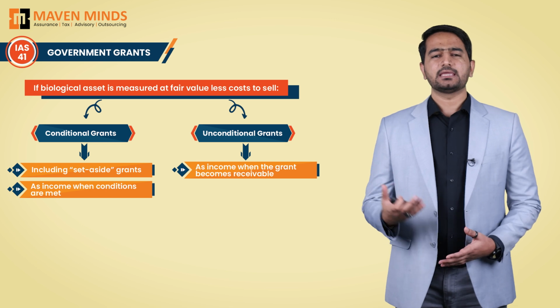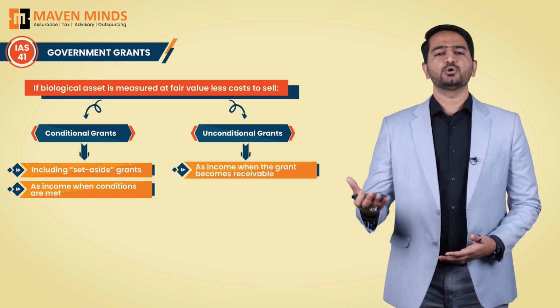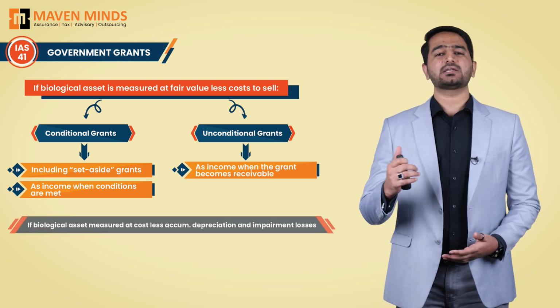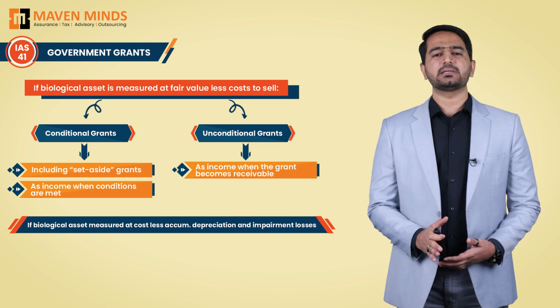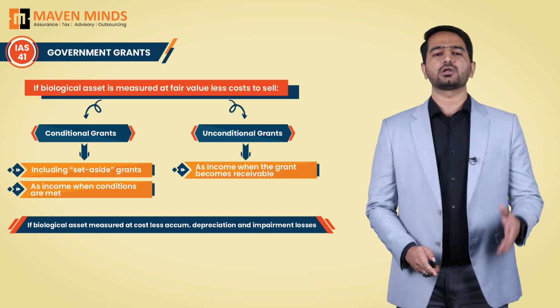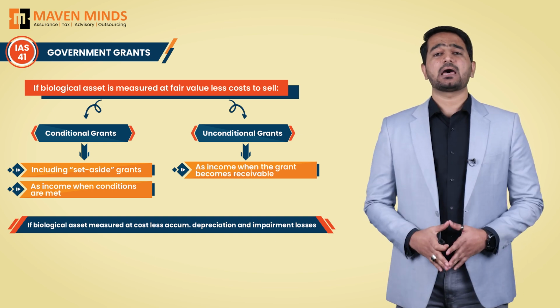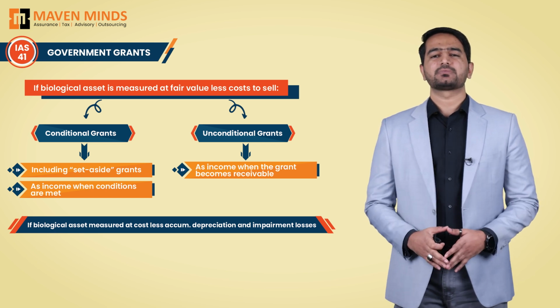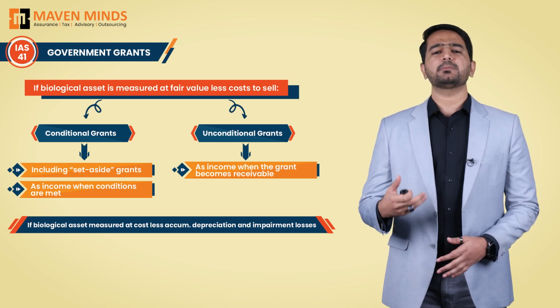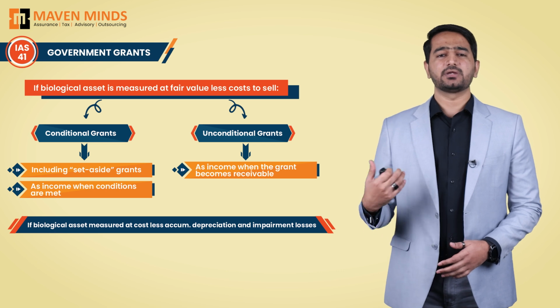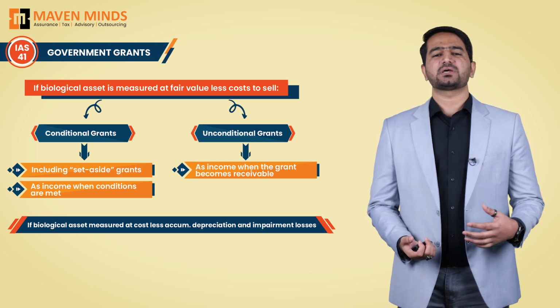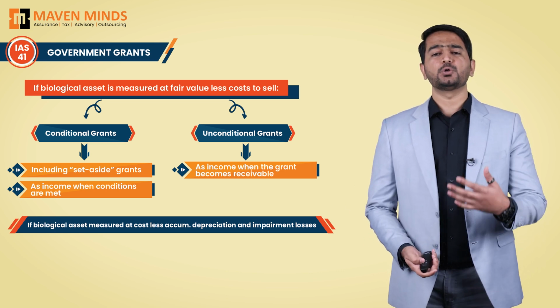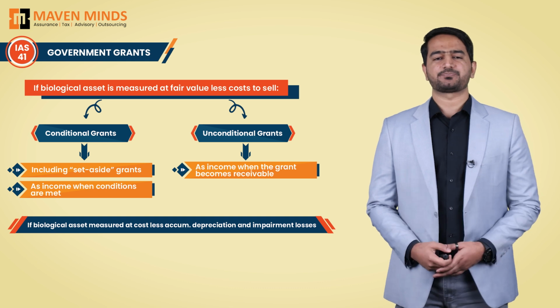But what if, in some rare cases, you measure biological assets at cost less accumulated depreciation and impairment losses? This might happen when it is impossible to determine the fair value, especially for non-current biological assets like rare plants or specialized livestock where no active market exists.